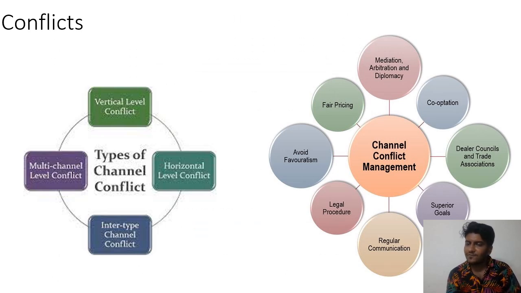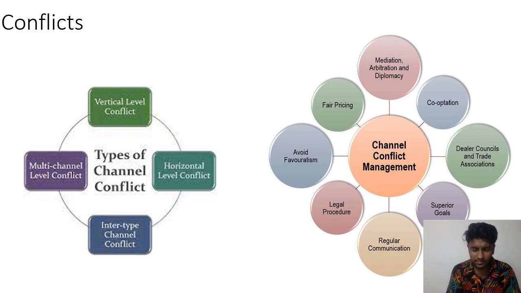Conflicts, there are conflicts. Where do they not happen? They can happen in every home, everywhere. So conflicts are very common. Multi-channel conflicts, inter-channel conflicts, horizontal and vertical conflicts. Horizontal marketing is an alliance between two or more companies of different sectors, while vertical marketing is a collaboration of two or more firms in the same industry.